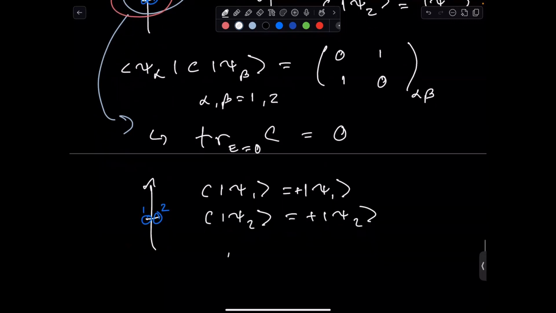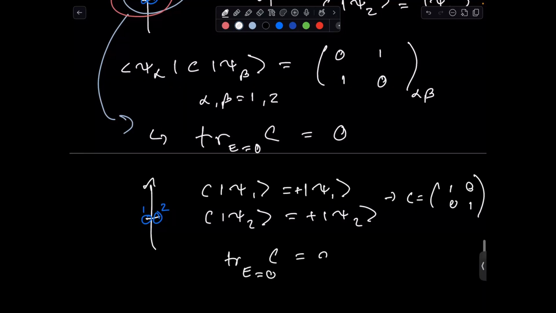In that case, the trace over the zero energy subspace of C is equal to, well, C is equal to just the identity matrix in that case, because it leaves both states invariant, meaning the trace is 2. So that shows you that you can never move these two states away from zero energy because the trace is non-vanishing and it can't just discontinuously change.